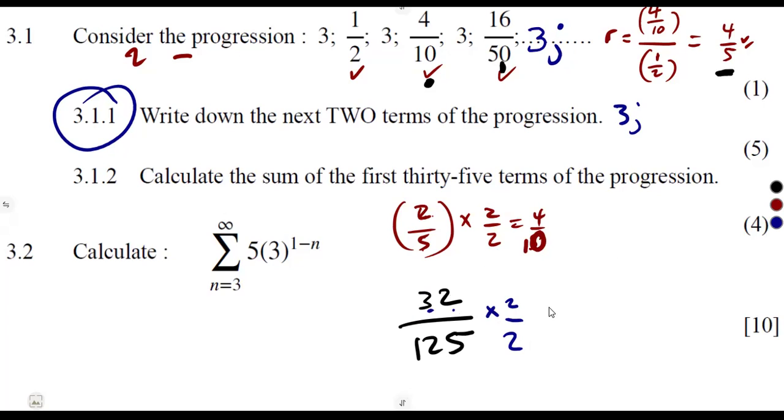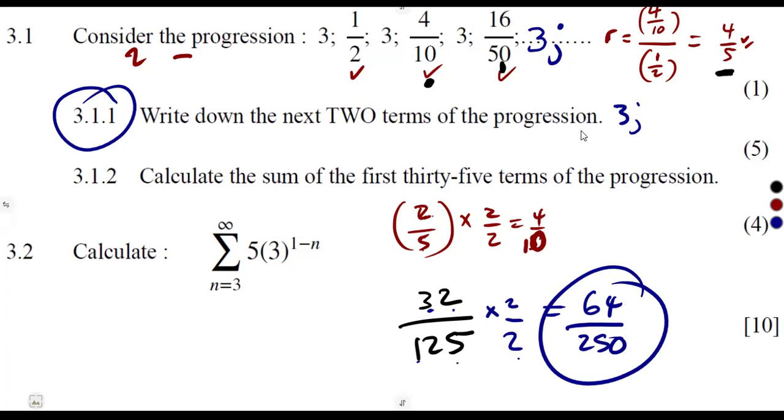That is 32 times 2, which is 64. 125 times 2, which was going to give us 250. So this is the exact number that you're supposed to have here, which is 64 over what? Over 250. If you are to use the 32 over 125 according to this progression, it means it is wrong.